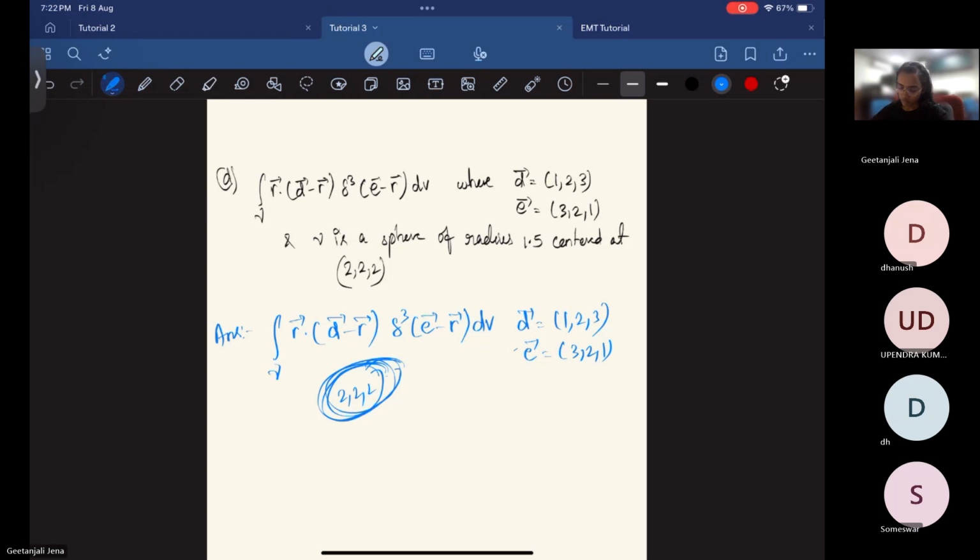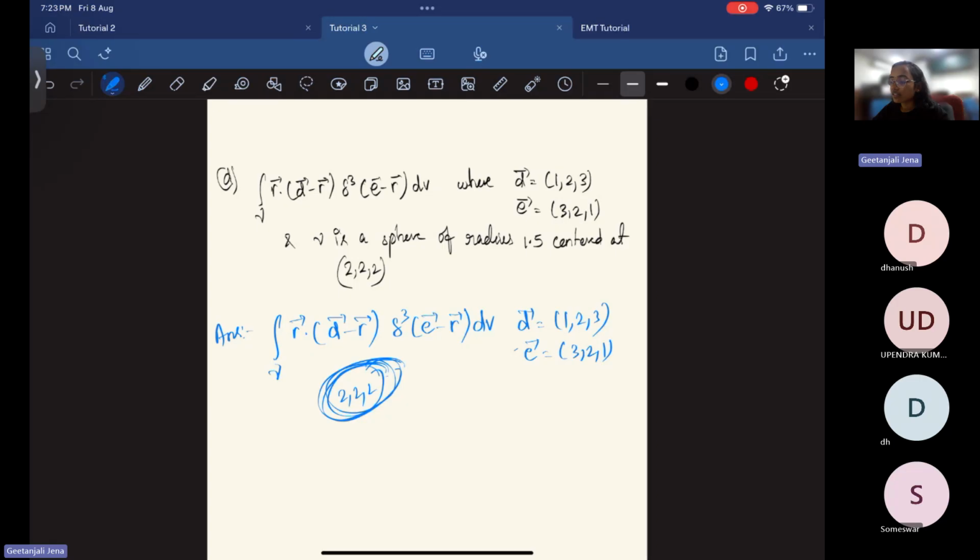Anyone? What will be the answer for this? So you have to check E minus R. It is within the sphere of radius 1.5.